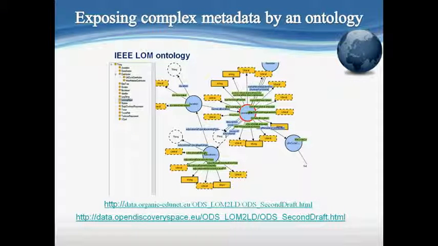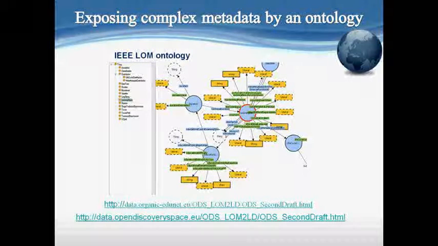As a case study, we created an ontology for the IEEE LOM schema. IEEE LOM is a metadata schema for describing e-learning objects. To expose the IEEE LOM elements as linked open data, we had to create an ontology because IEEE LOM has some elements in a hierarchical shape.